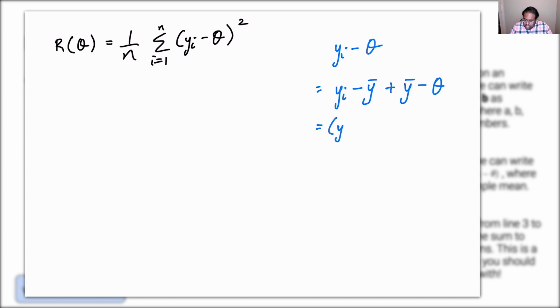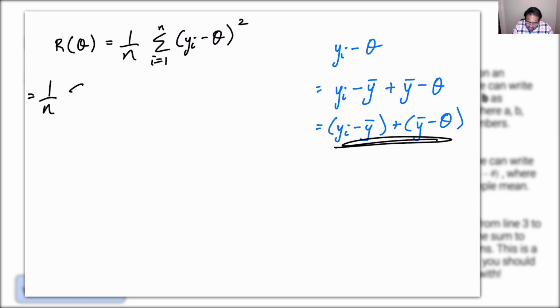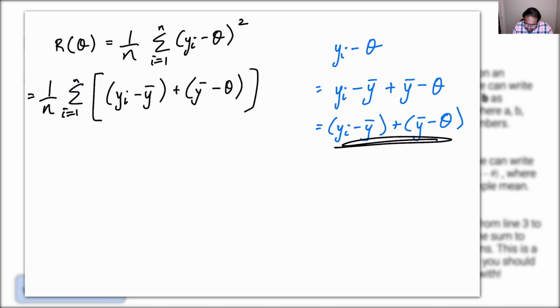And so I can write this as yi minus y bar in brackets plus y bar minus theta, also in brackets. And so what we can do is substitute in this relationship into my formula or expression for average loss. And so I get 1 over n times the sum of yi minus y bar plus y bar minus theta.